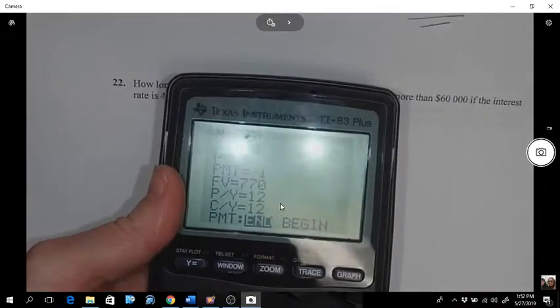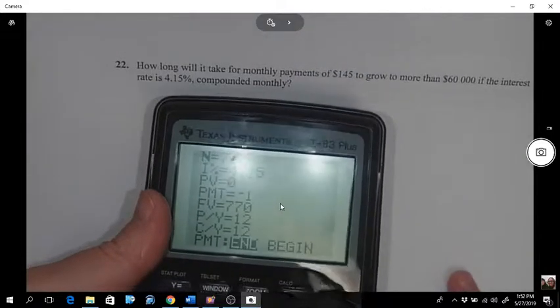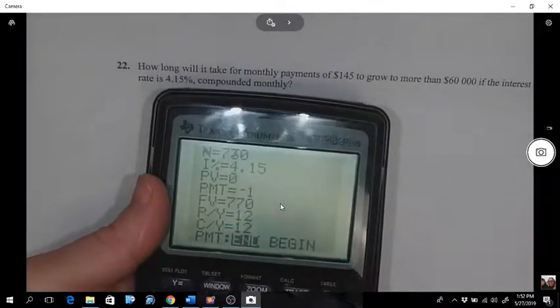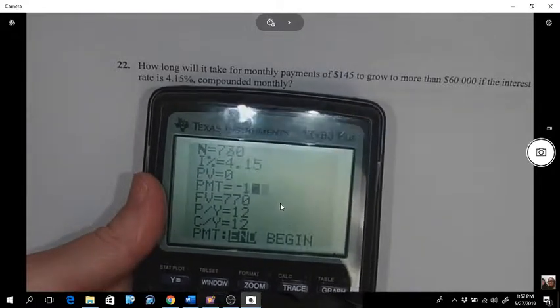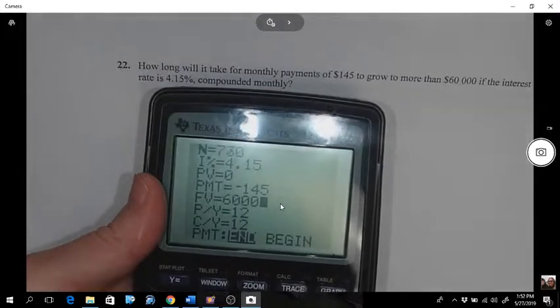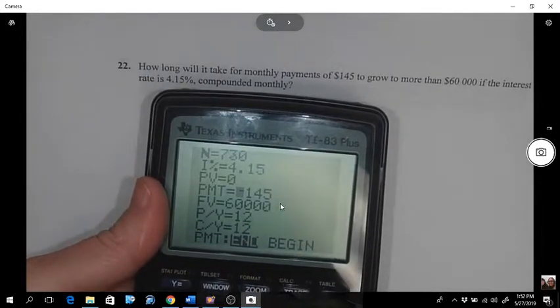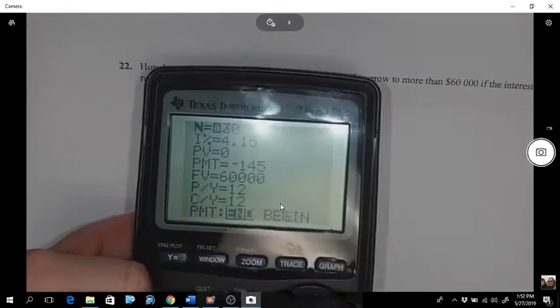Interest rate 4.15. Present value 0. Monthly payments -145. Future value 60,000. Okay, I'm going to hit second solve on my N.